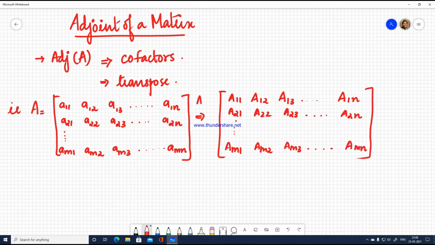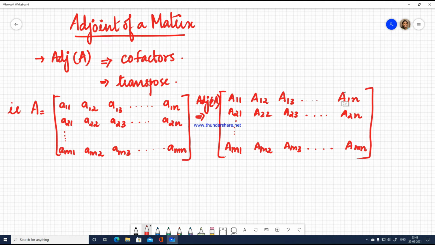So this is the adjoint of A. If A is a matrix of m by n, then the adjoint of A is the transpose of the matrix of cofactors.